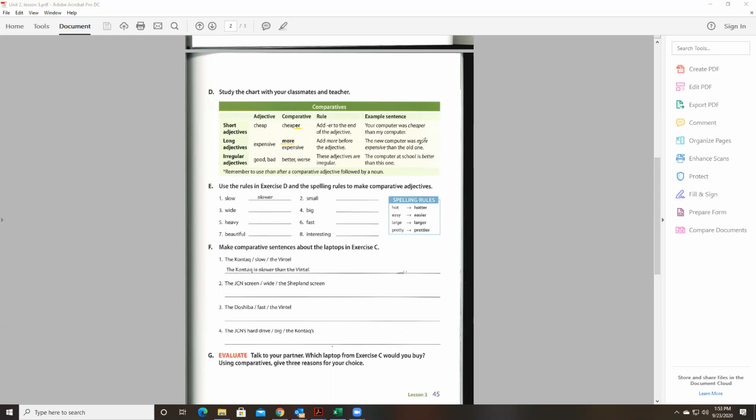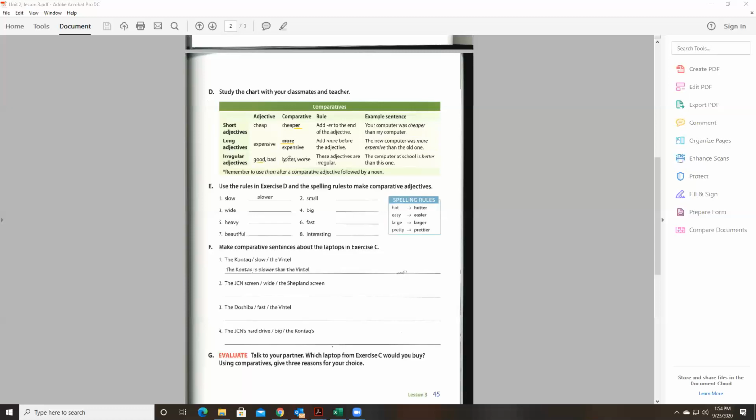Okay. Now we have our irregular adjectives. Remember, we talked a little bit about these when we did our comparative and our superlative. For example, good and bad. Instead of saying gooder or badder, it's actually better.